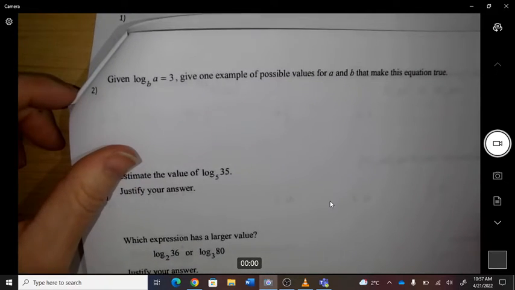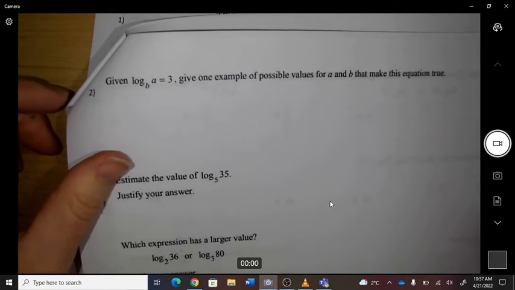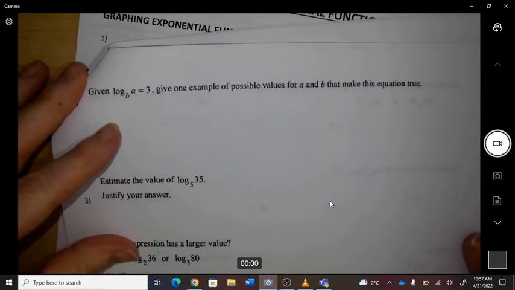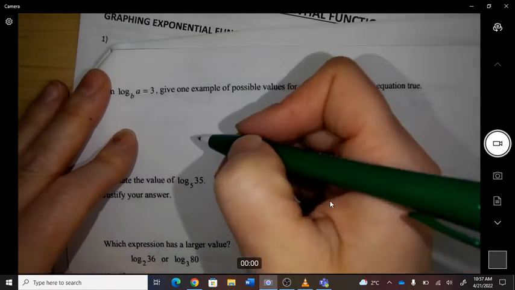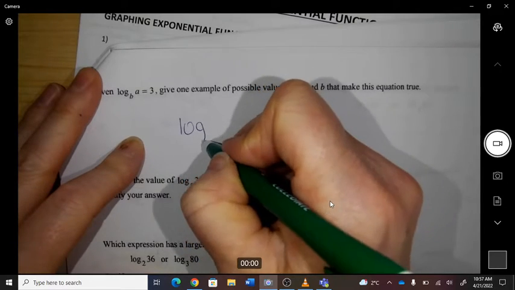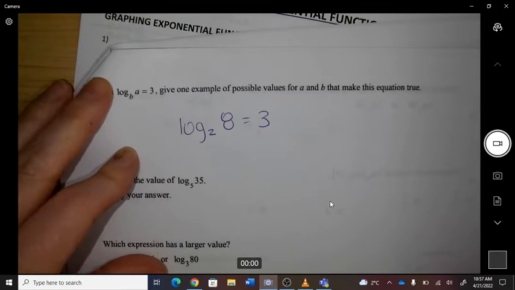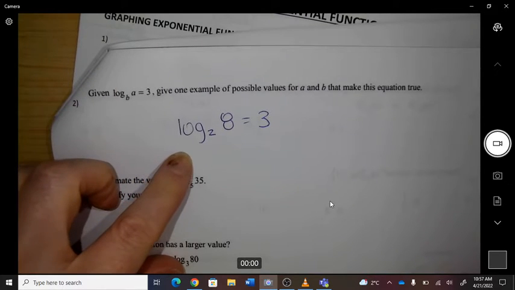Give an example of possible values for A and B that make this equation true. So you need anything that would need an exponent of 3. There would be many others.